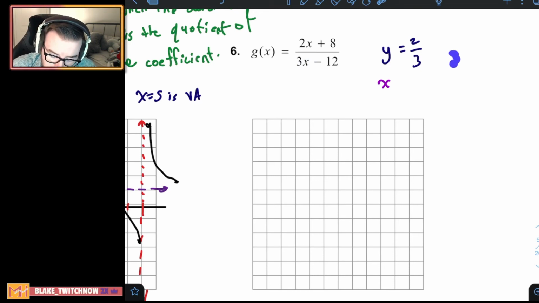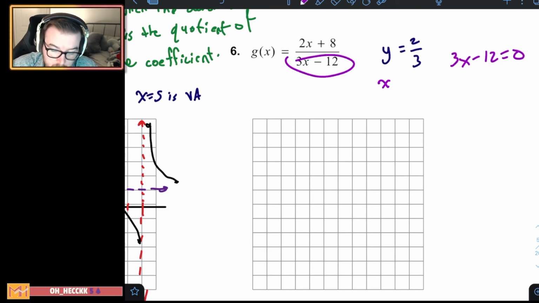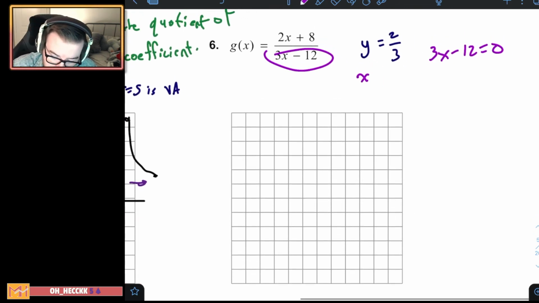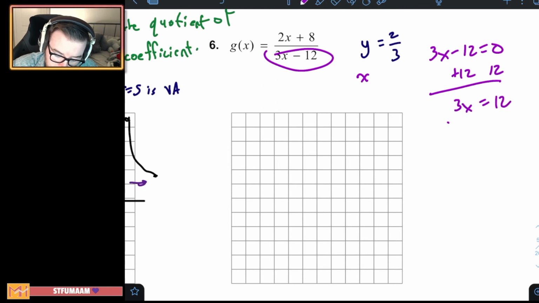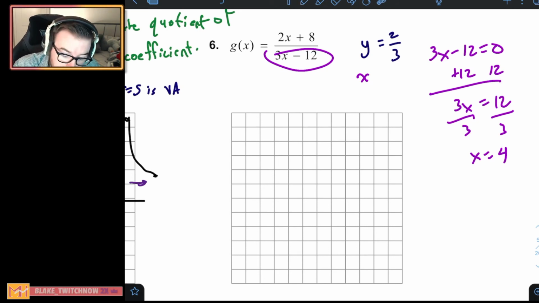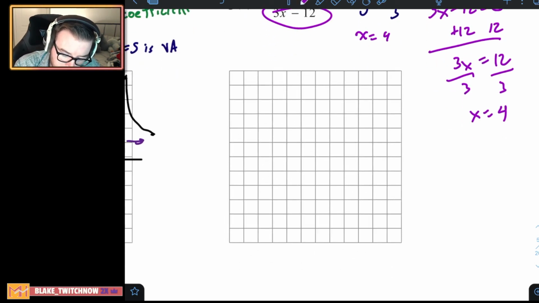That's what we're asking. 3x minus 12, when is this equal to 0? Some of you might just be doing that in your head. Spoiler alert, the answer is 4. If you solve this little equation, you'll get 4. So this number is not the dead giveaway of the vertical shift, because I didn't move right 12. It moved right 4 due to this 3 out in front. So x equals 4.